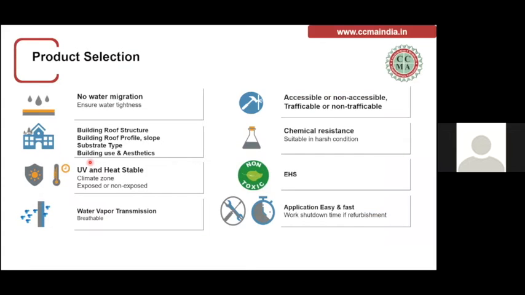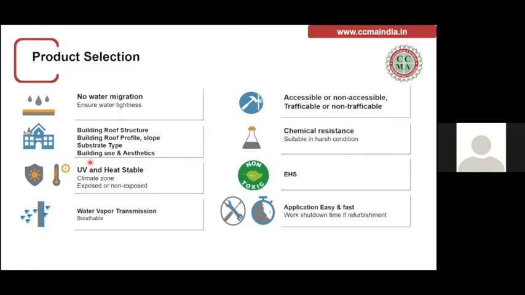Now, product selection is something that is very important. We have to understand the built-ups, understand the drawings, what level of the roofing structure is there, what is the profile of the roof, what is the slope. Like in India, we are going for a zero slope system. The RCC mother slab is totally flat. Then the kind of substrate we have to analyze.